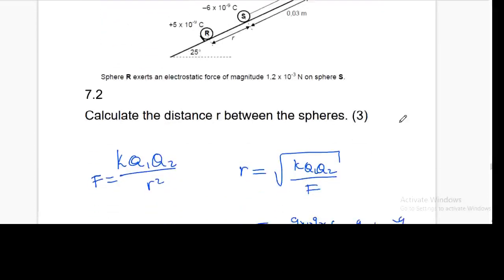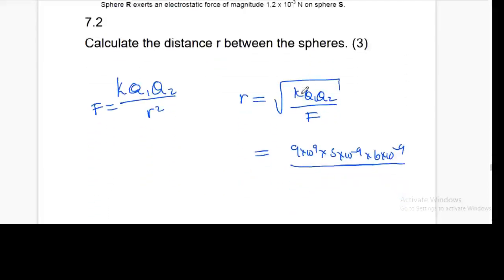The force is 1.2 millinewtons, 1.2 times 10 to the power minus 3 newtons. Remember this is a square root.